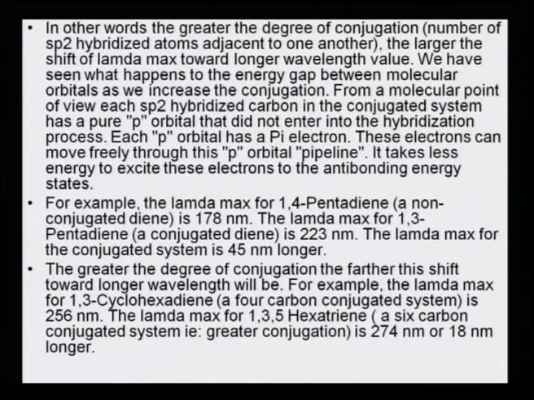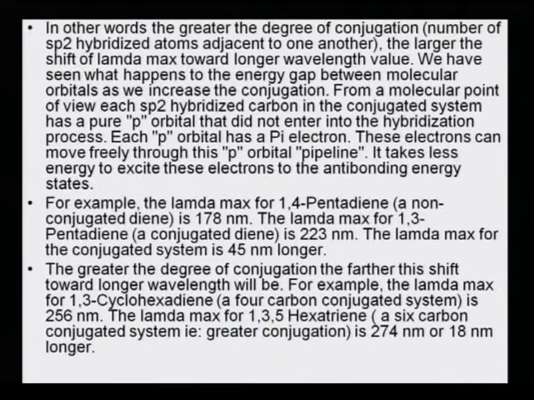The lambda max of 1,3-pentadiene, which is a conjugated diene, becomes 223. So the lambda max for the conjugated system is about 45 nanometers longer. The more the conjugation, the higher will be the wavelength, and therefore the lower will be the energy.